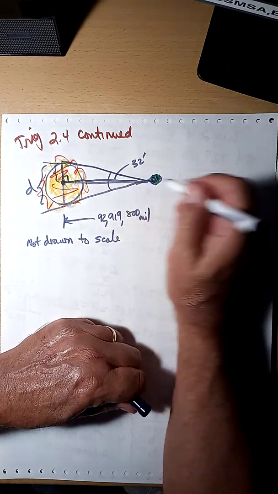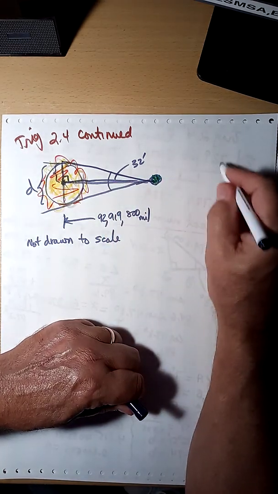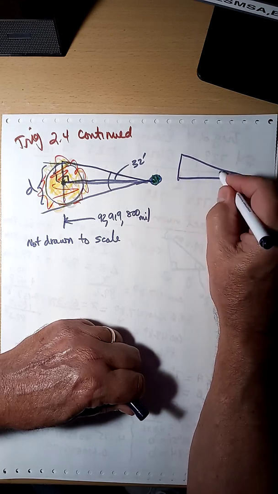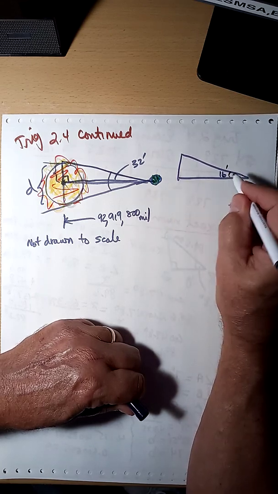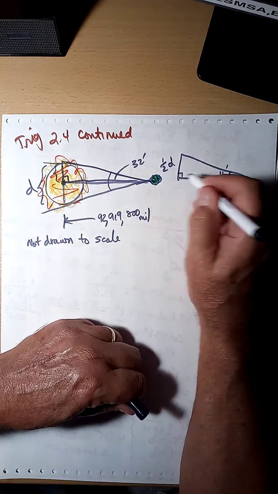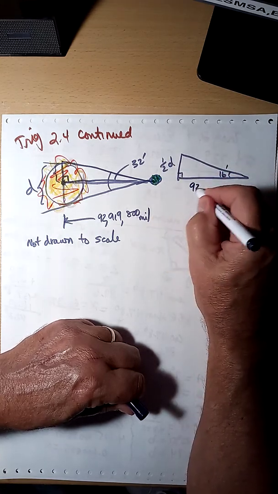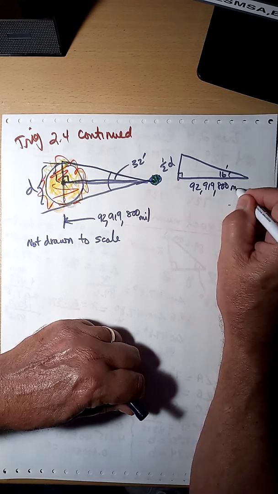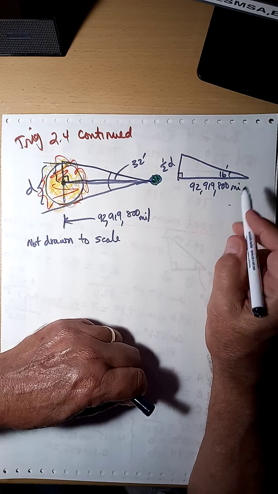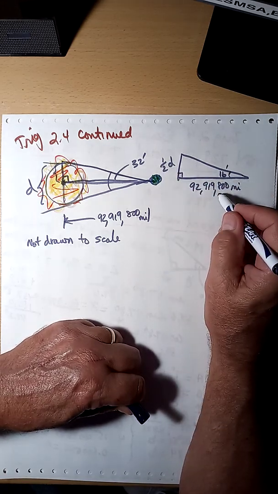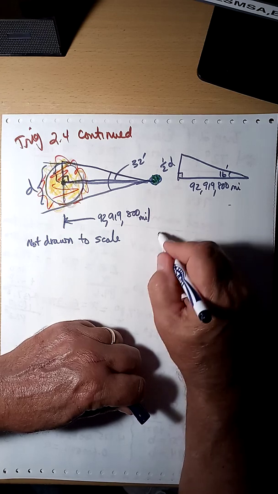So we need essentially a right triangle with 16 minutes as the angle, 1/2 of D as that leg, and 92,919,800 miles here.